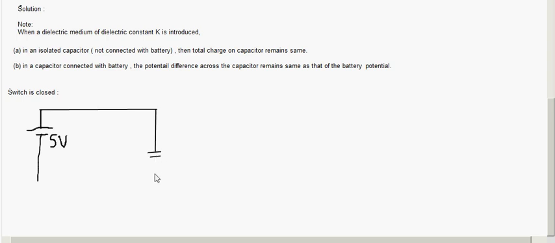Switch closed, the two capacitors are connected in parallel across the battery.